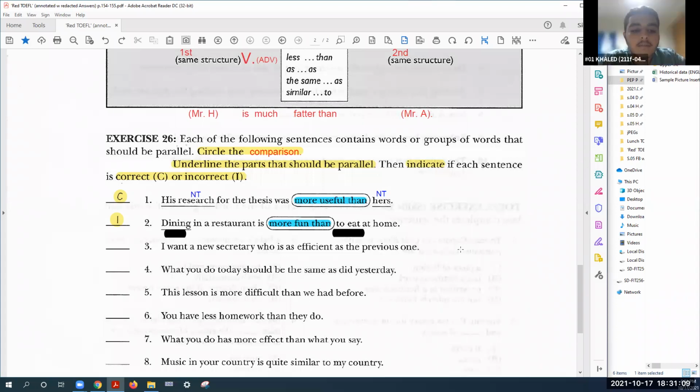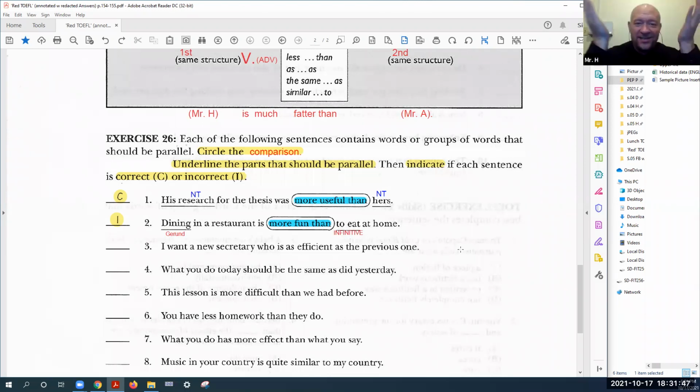Yes. Okay, good. Section 4, Osama, do you want to explain number 2? Dining in restaurant is more fun to eat at home. Dining. What's the problem? This sentence is incorrect. Why? The first structure is a gerund, and the second structure is infinitive.